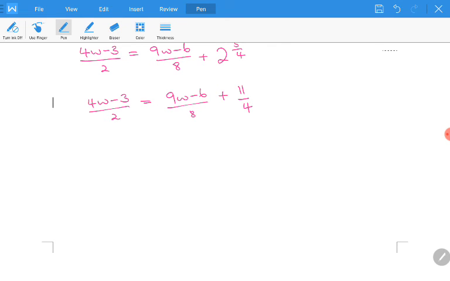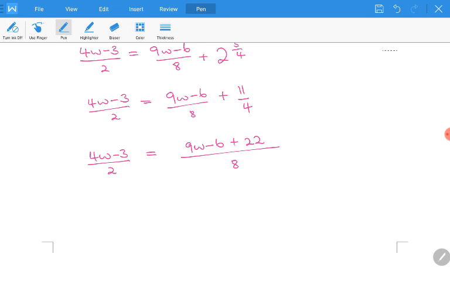So what do we do? So this is 4w minus 3 over 2 is equals to, here on this side I'm going to put a common denominator of 8. So then this becomes 9w minus 6. Then 4 into 8, that's 2. That 2 times 11 becomes 22.